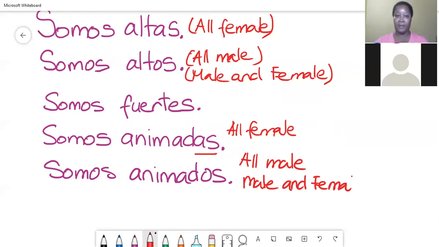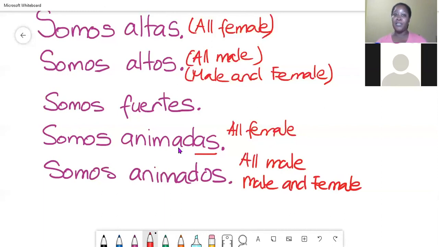So let's review quickly. The question that you are going to be asked if a description is needed is going to be como es or como son. One is singular, the other is plural. The other thing to pay attention to is that the adjective you are using must agree with the noun that you are describing in both number and gender where applicable. You have two types of adjectives, those with 4 forms and those with 2 forms.